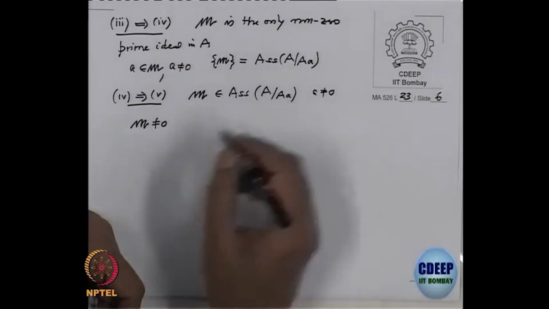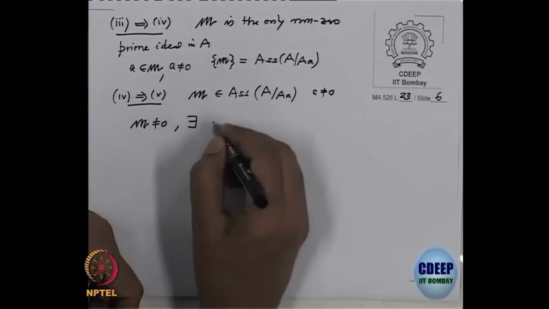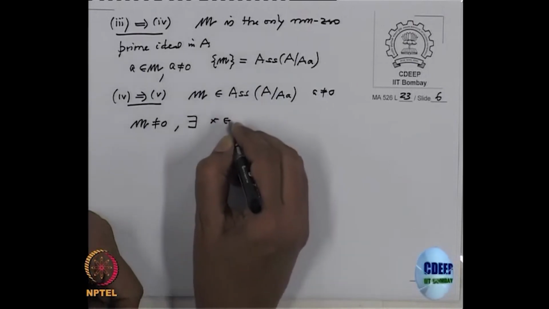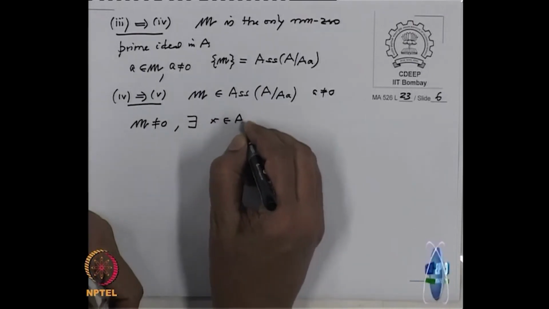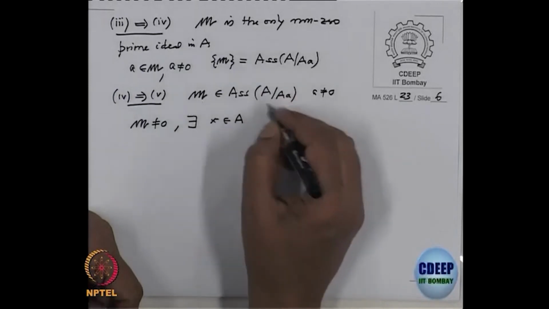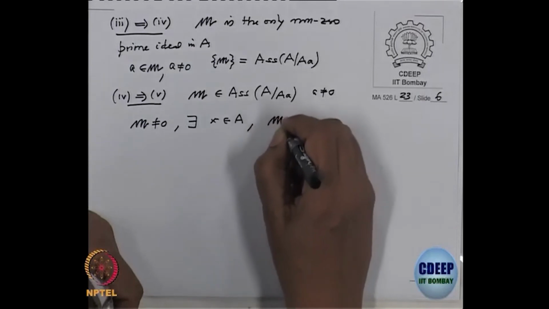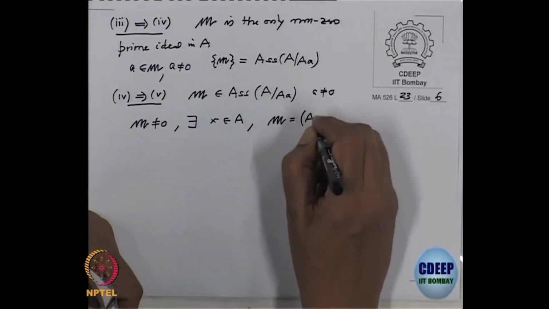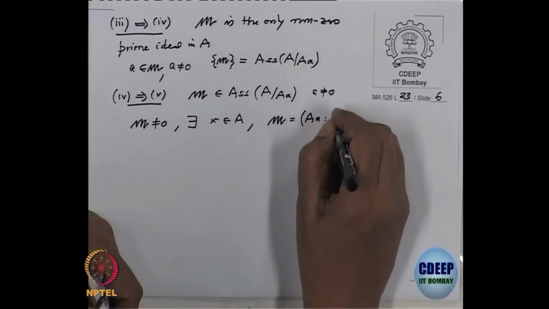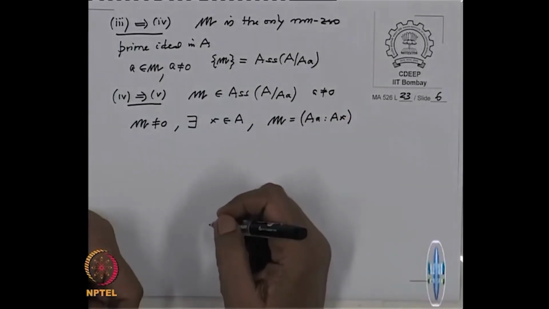And therefore, M is associated means there exists an element x in A, so that M is the colon ideal, the annihilator of x mod A, that means M equals the ideal generated by a colon the ideal generated by x.